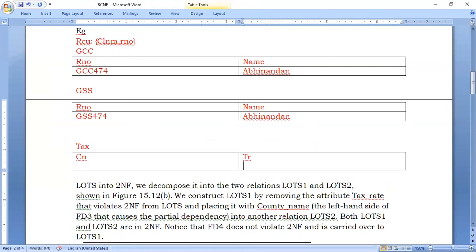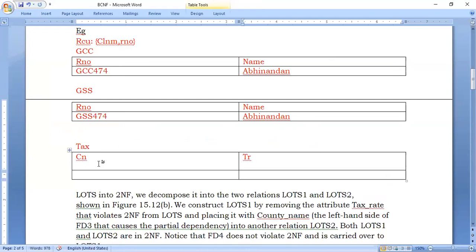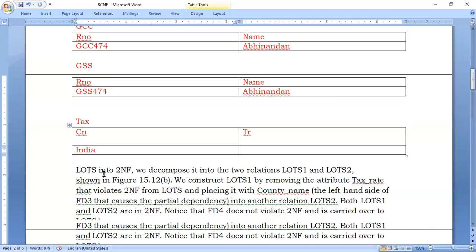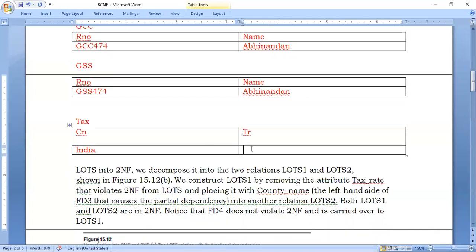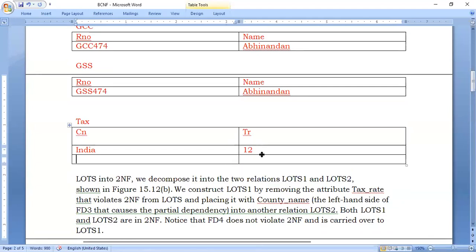Now suppose I have a country, India, and for India the tax rate is fixed, that it is going to be some 12%. Suppose this is the tax rate. Similarly for USA, suppose the tax rate is 18%. So this is the tax rate fixed for a country.